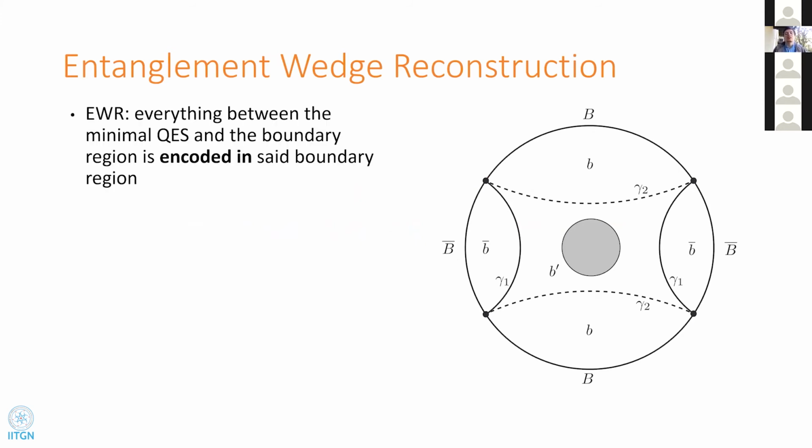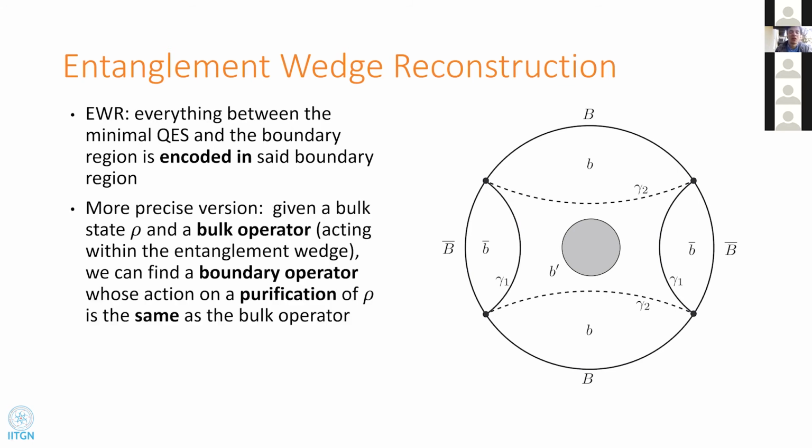Okay, so what is entanglement wedge reconstruction? Well, basically it says everything between the minimal quantum extremal surface and the boundary is encoded in that boundary. The more precise version is what we call state-specific EWR. That's really about a particular bulk state rho.